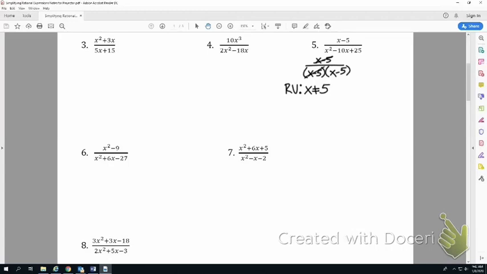Do both x minus 5s in the denominator cancel? No. We can only cancel out one of them. So on the bottom, I'm left with x minus 5. I canceled everything out on the top, so what do I need to write up there? Not 0. 1. If everything cancels, you're going to write 1 up there.